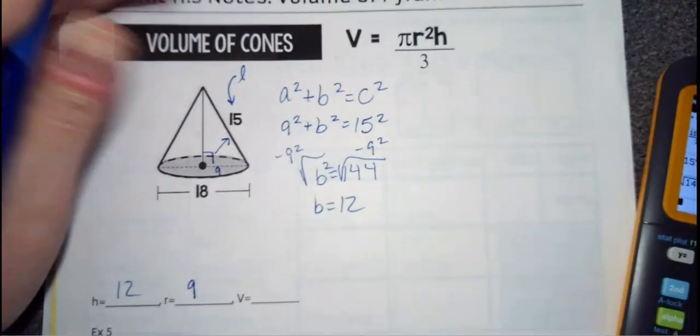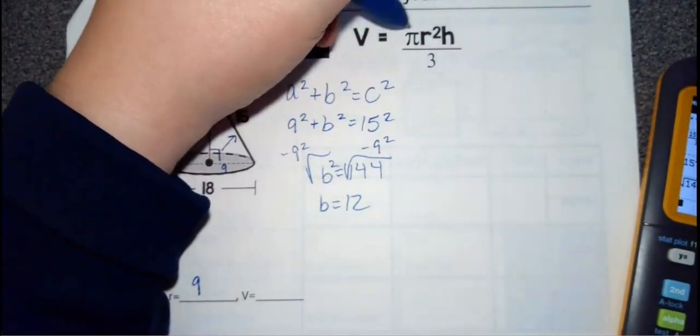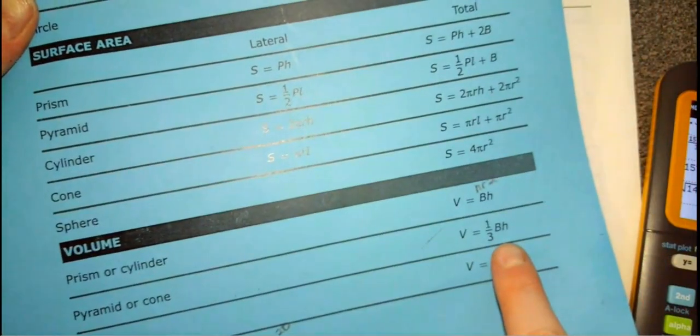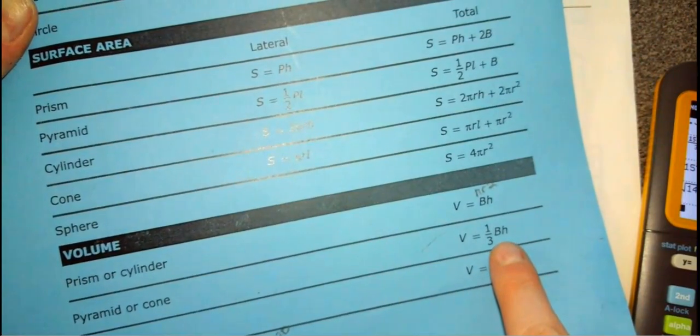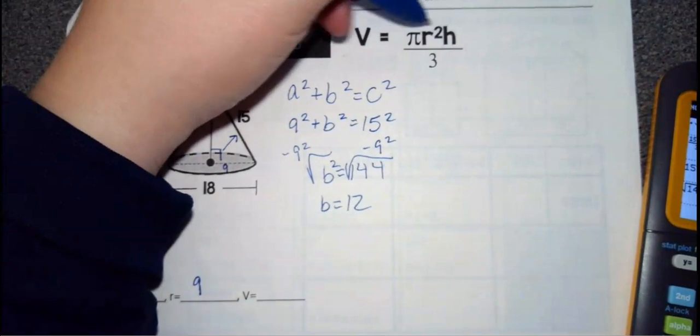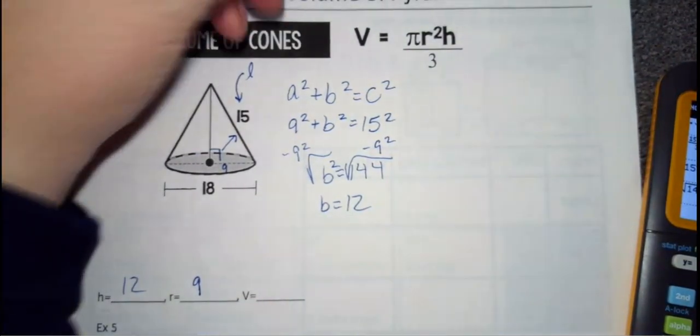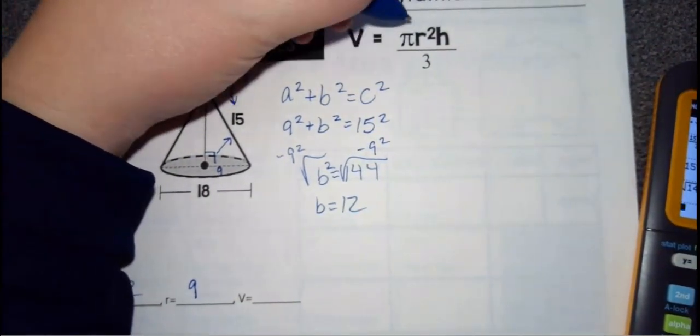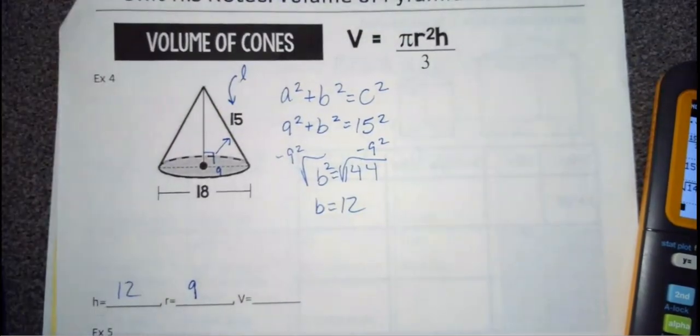All right, now we have all the same things. So notice what's going on here. Pi r squared is actually our capital B. So for a pyramid, it's still the 1/3 BH formula. But our capital B for a cone is always going to be pi r squared. So the capital B for a cone is always pi r squared. So that's why it's written like this.